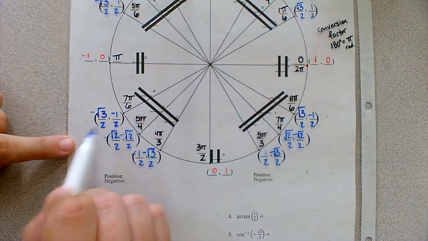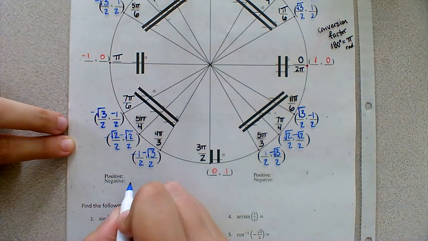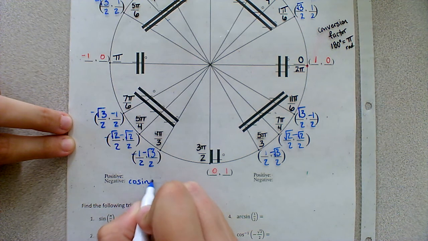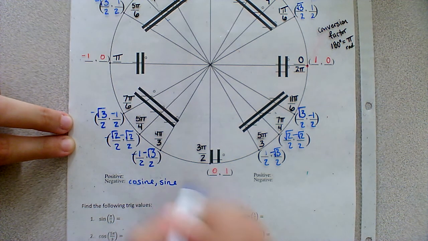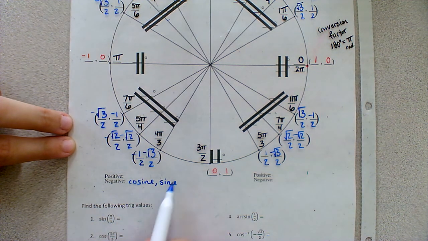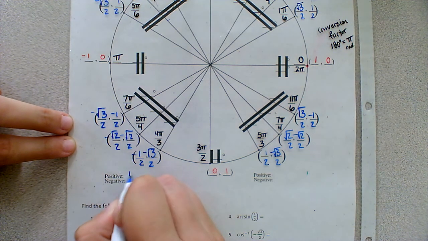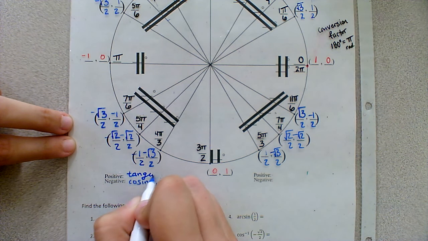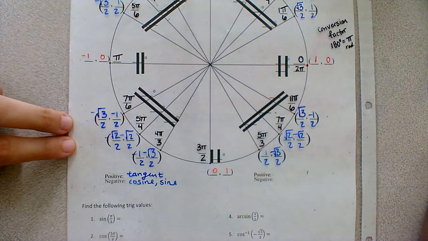Moving on to our third quadrant, we had negative x's and negative y's, so cosine and sine are both negative. If you were to take a negative y value divided by a negative x value, that would result in a positive number, so tangent should be positive in the third quadrant.